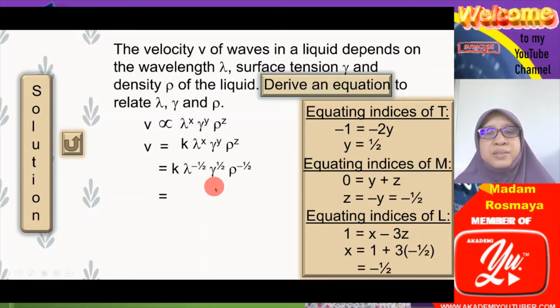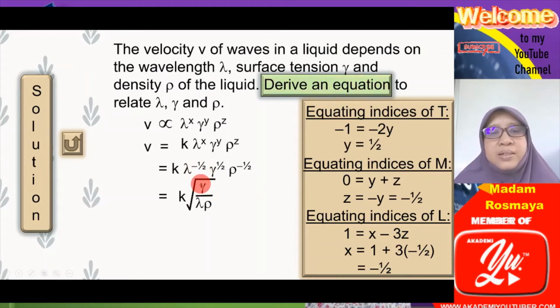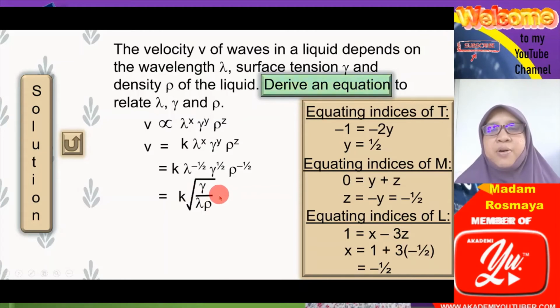The half means square root, so we can write square root of gamma, and the negative here means per lambda rho, because negative. Square root of gamma per lambda rho. And k is still a constant of proportionality, so we write k. Okay, so done for the equation.